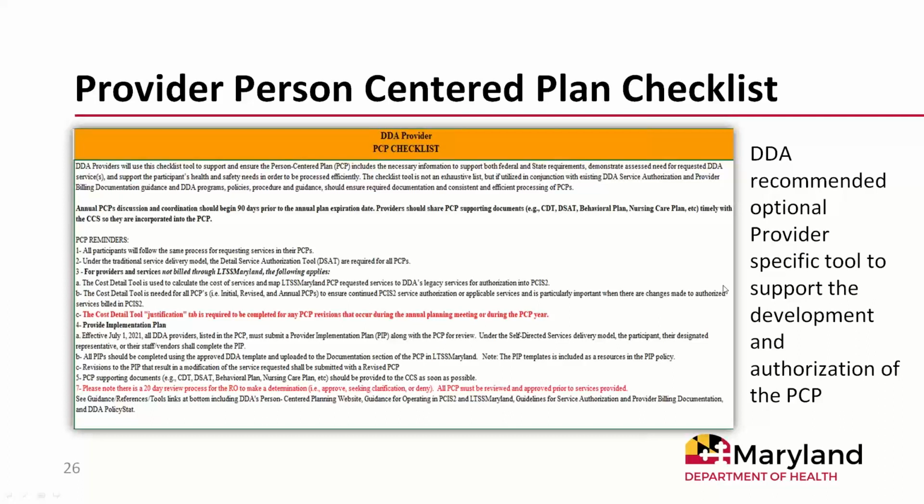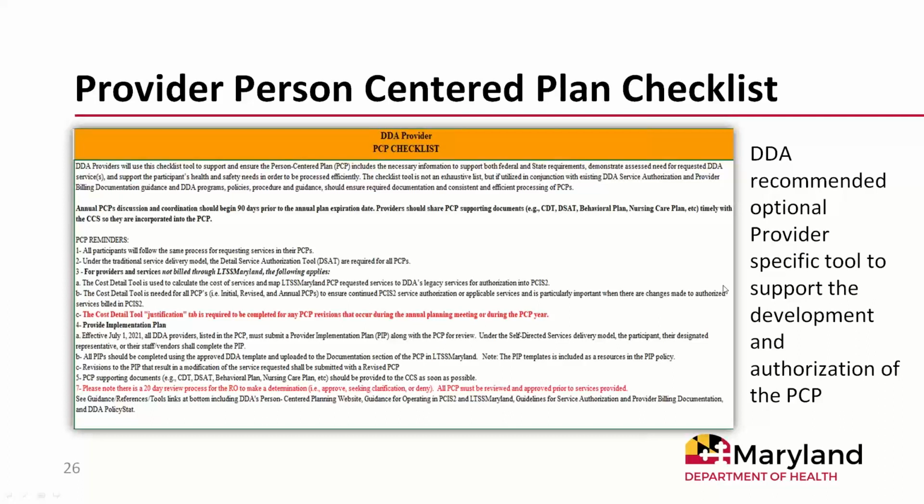For providers and services not billed through LTSS, we also require the cost detail tool, which is used to calculate the cost and map LTSS person-centered plan requested services to DDA's legacy services for authorization in PCIS2. That cost detail tool is needed for all PCPs, right?